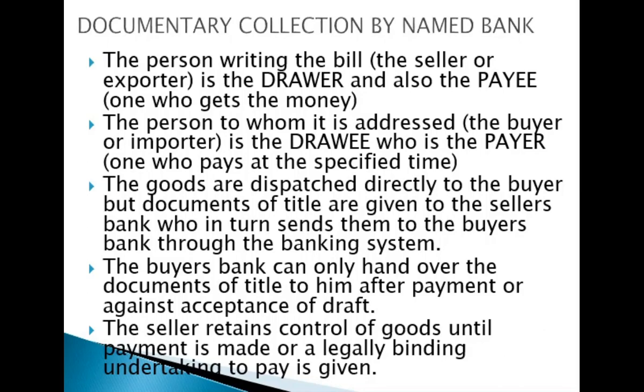The buyer's bank can only hand over the documents of title to the buyer after payment or against acceptance of a draft. Under this, the seller retains control of goods until the payment is made or a legally binding undertaking to pay is given.